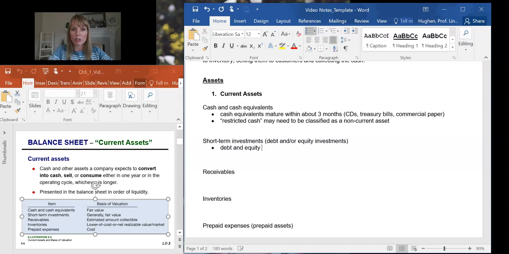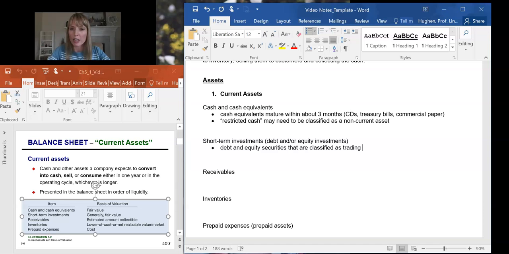Debt and equity securities that are classified as trading, meaning management holds these debt and equity securities with a specific goal of selling them to capture short-term price movements. So they're going to be sold generally within about a year, oftentimes much, much faster.